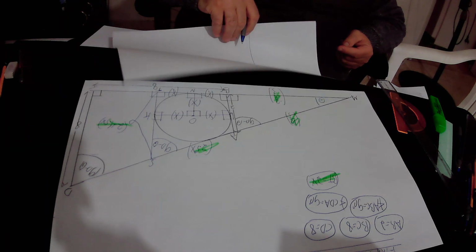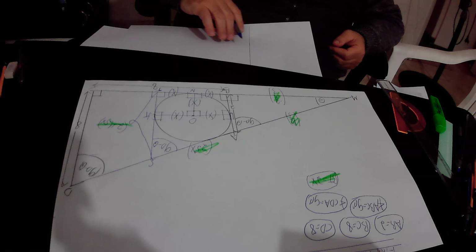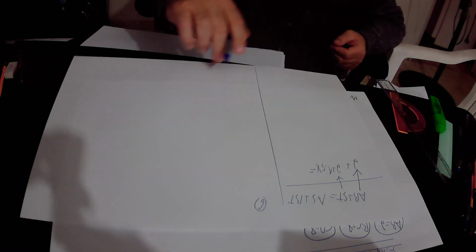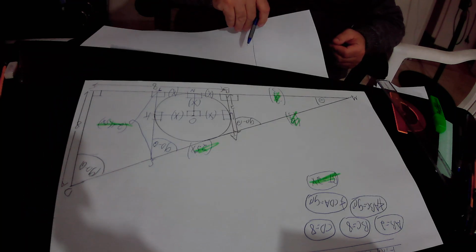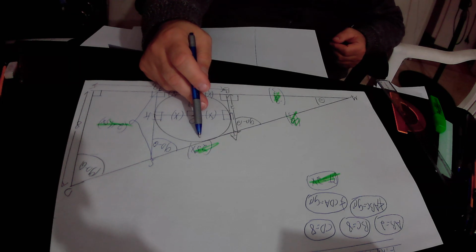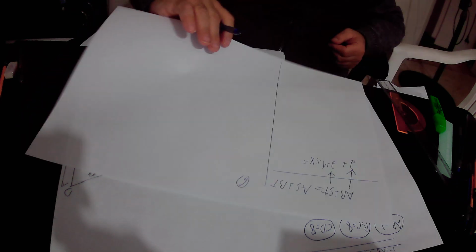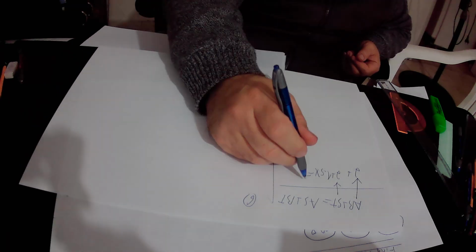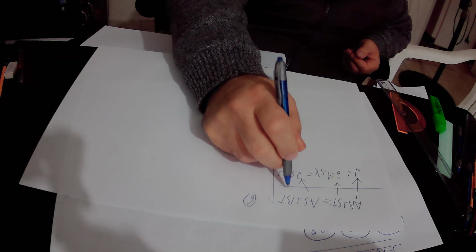And it equals AS plus BT. So what is the value of AS? AS equals 2.5x, therefore we substitute AS in this equation by 2.5x plus BT.